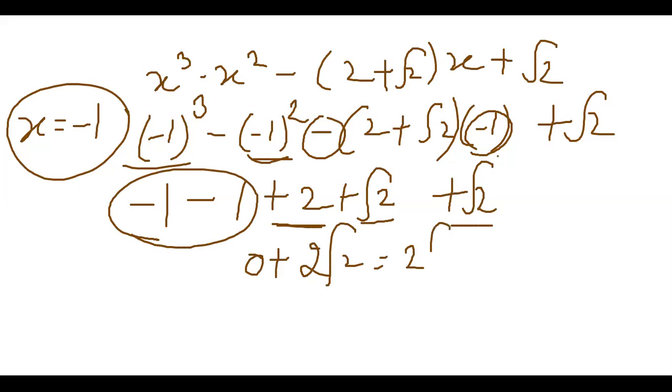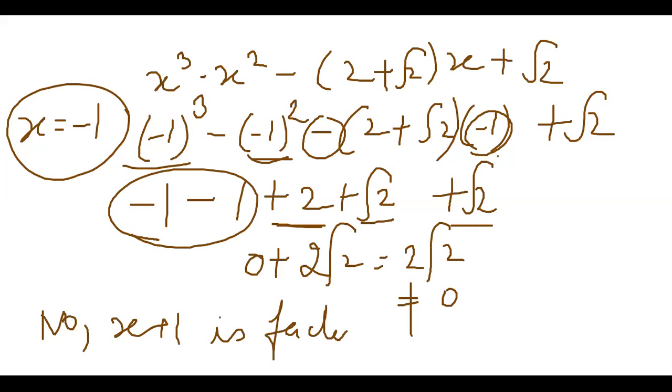So it will be equal to 2 root 2, which is not equal to 0. So we'll say that no, x plus 1 is not a factor of the given polynomial, right? So try this first question, other parts also.